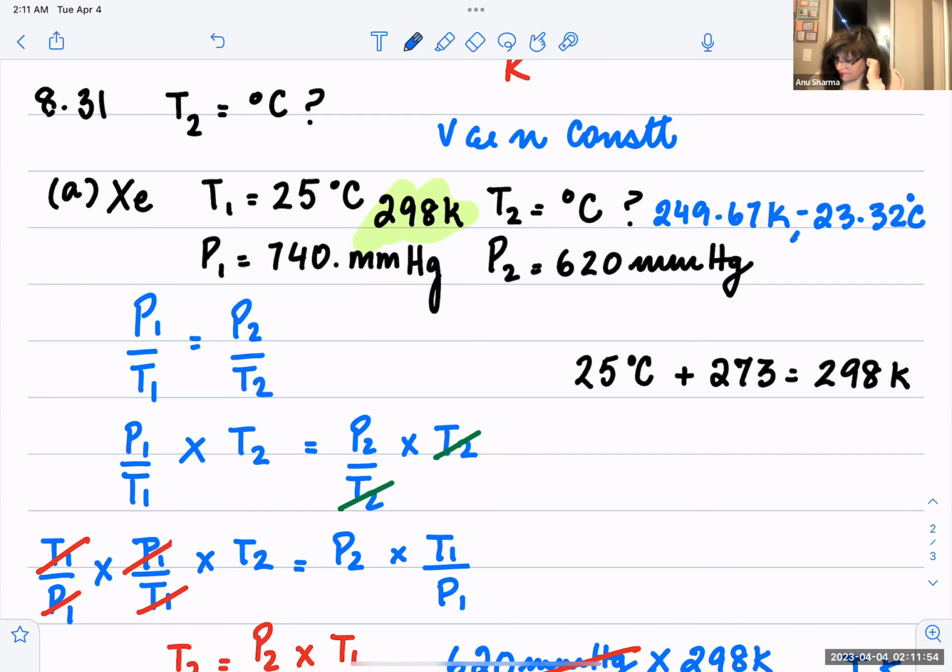So 249 K is a smaller number. Similarly, the pressure was 740 millimeters of mercury and has gone down. Pressure went down, the temperature went down; pressure went up, the temperature also went up. So that's the right answer.